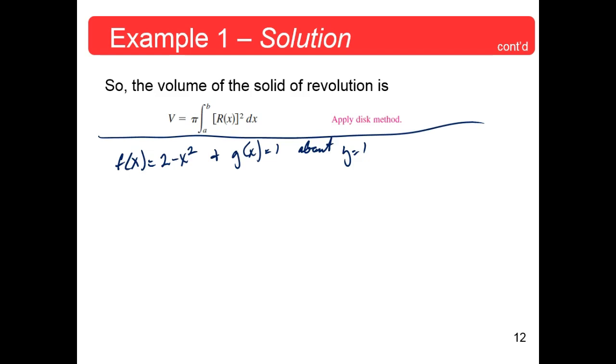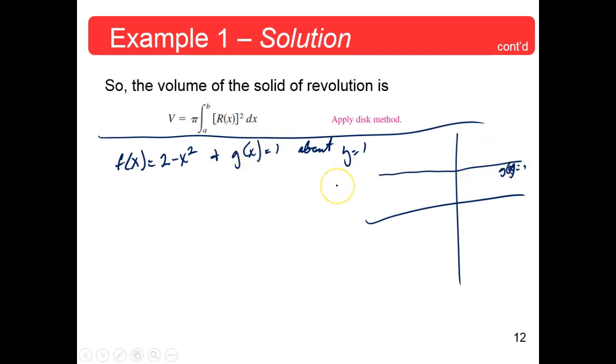Yuck, they're going to make me draw the figure, aren't they? All right. It'll be a quick rendition of it. So your y is equal to 2 minus x squared. Here's the line y is equal to 1, or g of x equal 1.